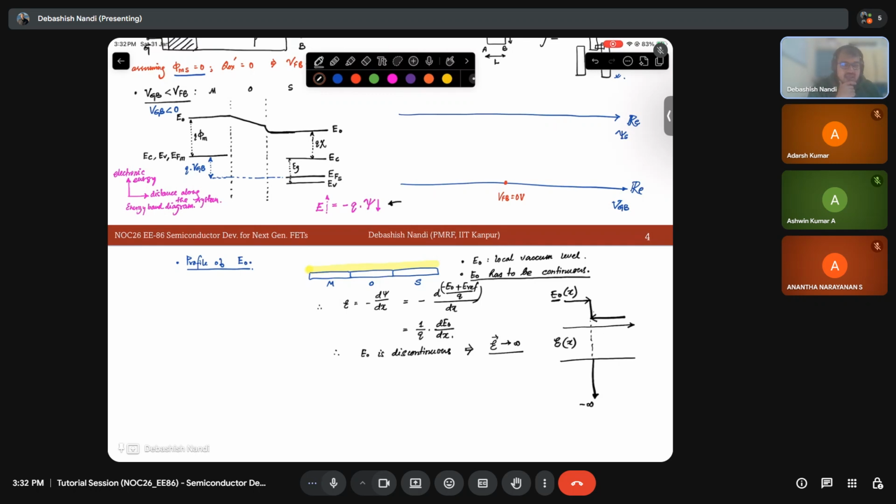Fine. And now, in this diagram, I am only concerned about the semiconductor. So throughout the semiconductor, my Q chi and Eg will remain same because it is silicon. So other bands will just follow the E0. Okay, and Fermi level will remain constant because there is no current flowing through the insulator.